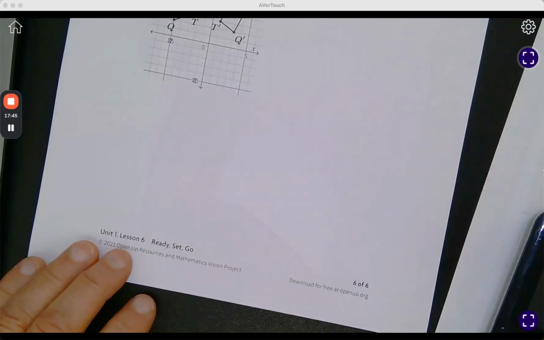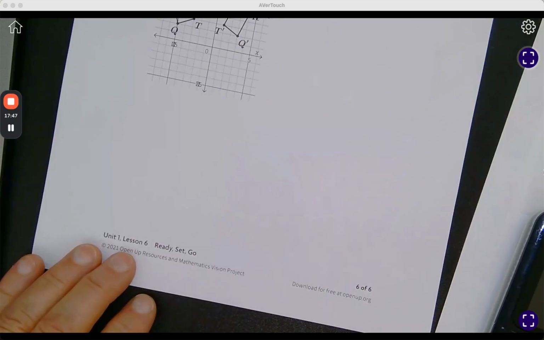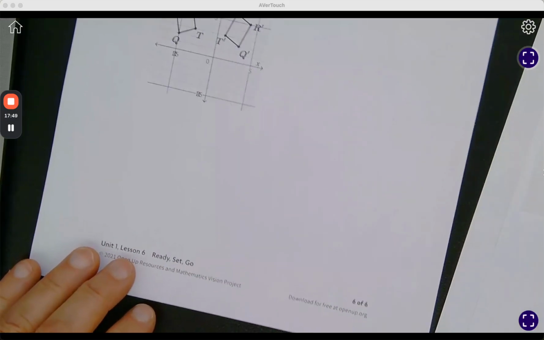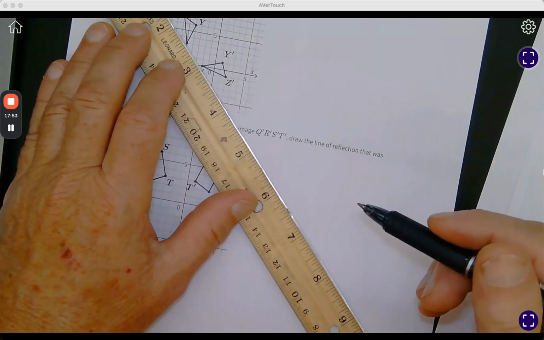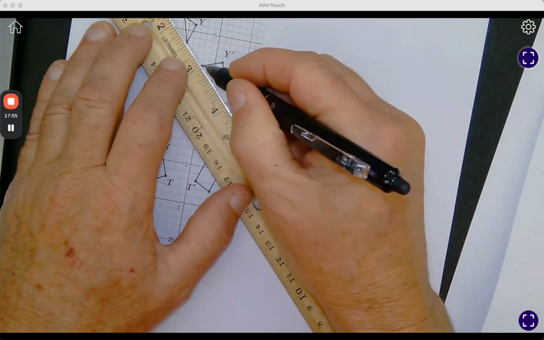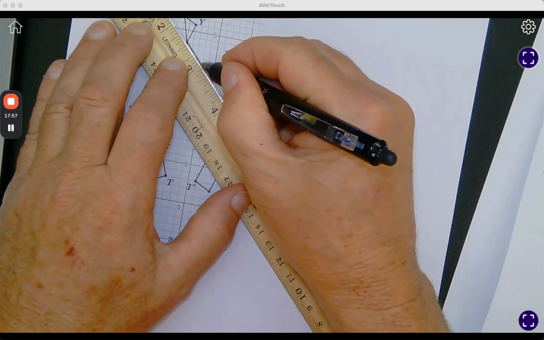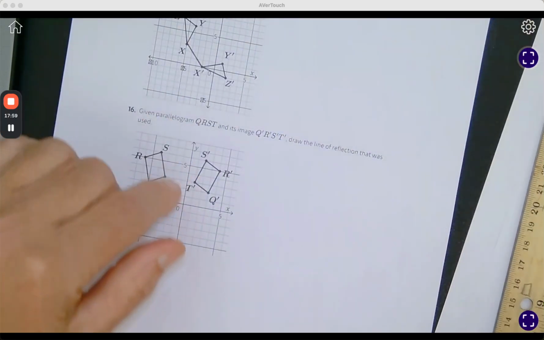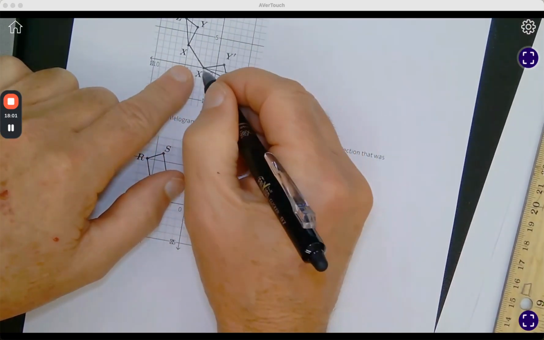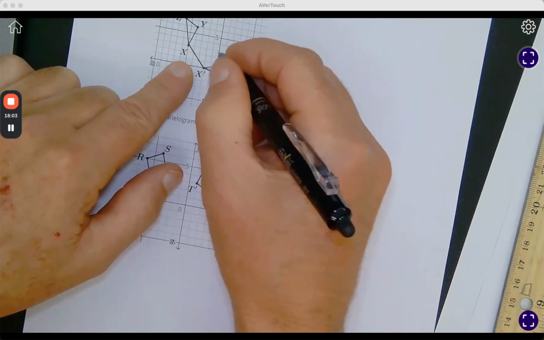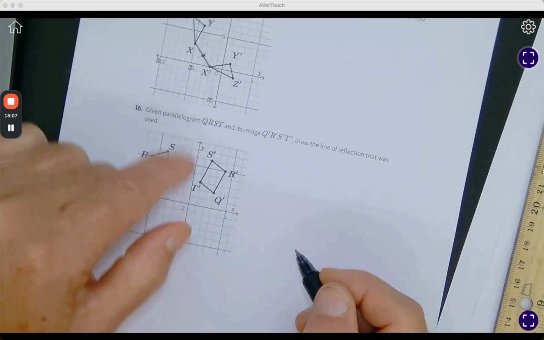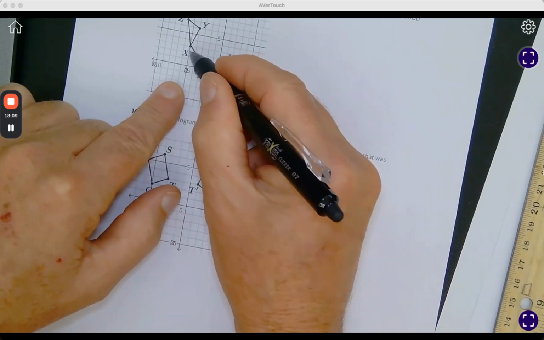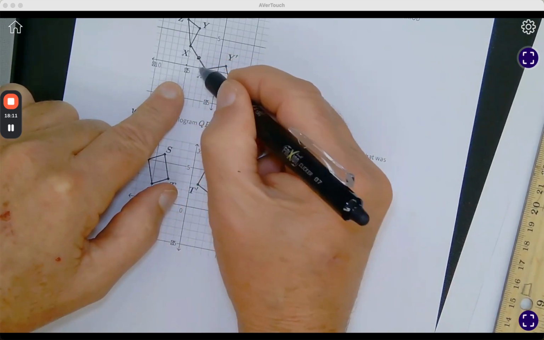Given triangle XYZ and its image X prime, Y prime, Z prime, draw the line of reflection that was used. Okay, so we have to draw the line of reflection. I'm going to connect those. Now the midpoint is where the line is going to go through, so that is right there. Notice the slope: down 3, over 3.